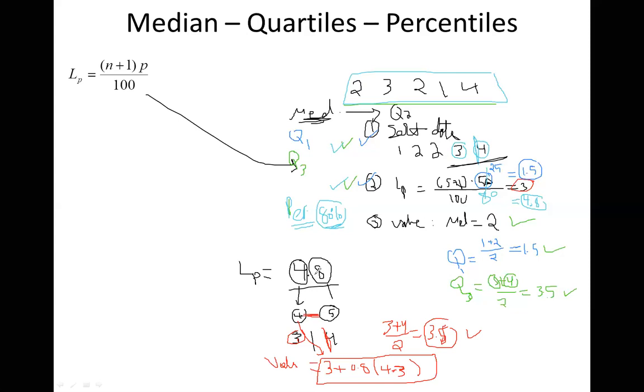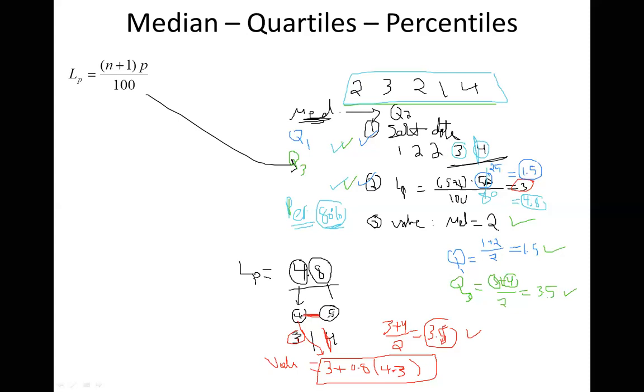If the location or the position in step 2 is not an integer and it's not exactly half, then using this way we name it the difference method. In the difference method, first use the integer value, which is 4, then the value number 4 is 3, plus the remaining 0.8 times the difference between the two values that you have in position between them.